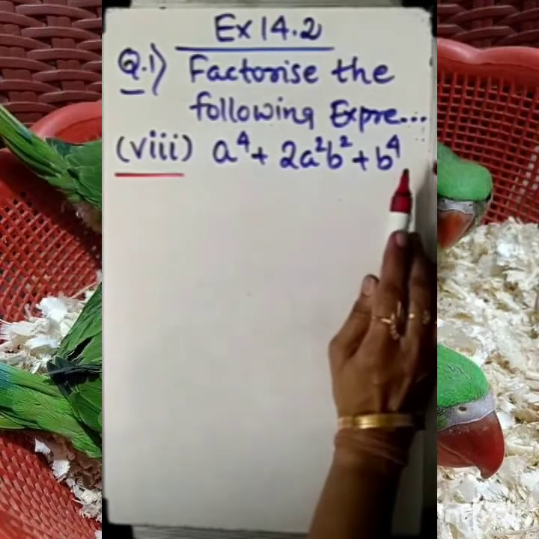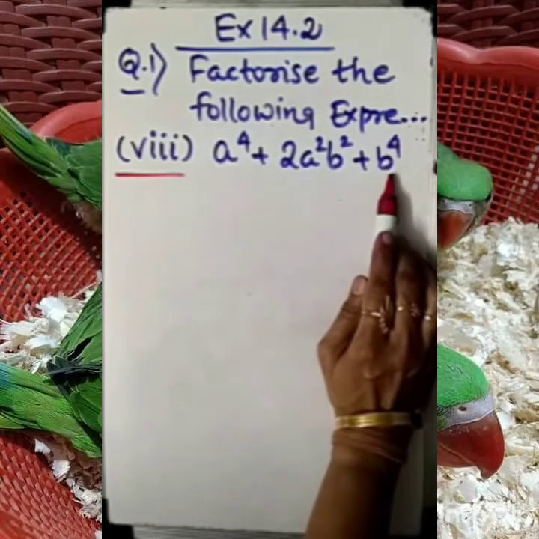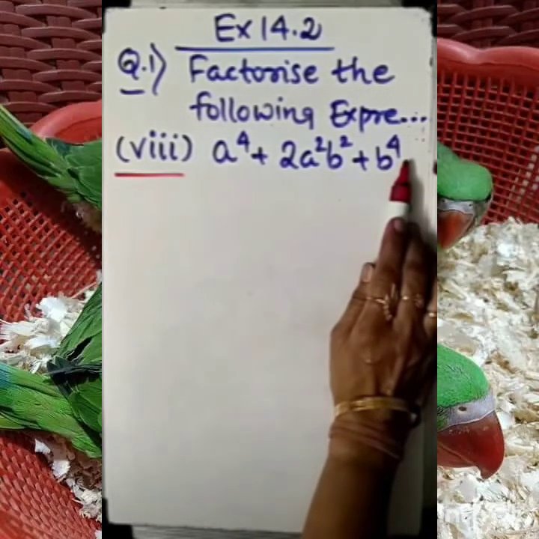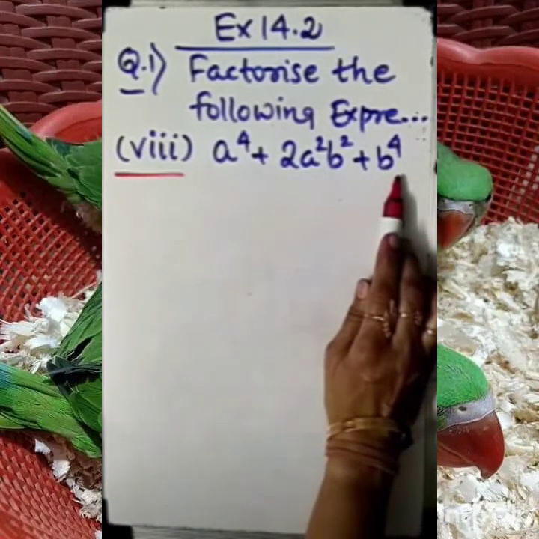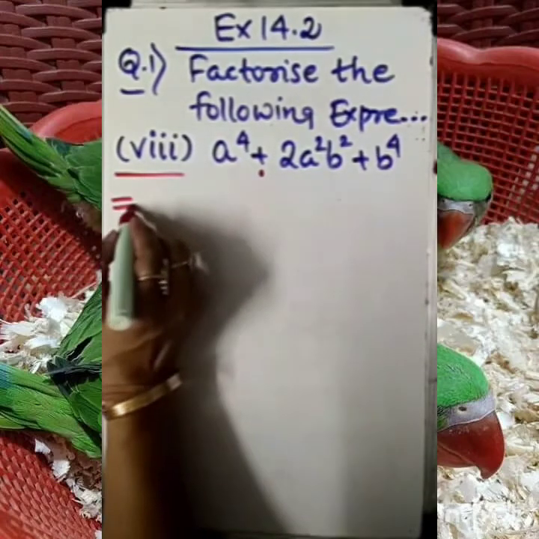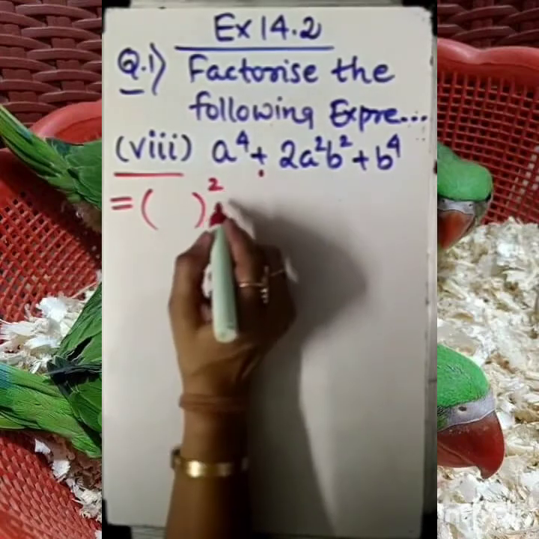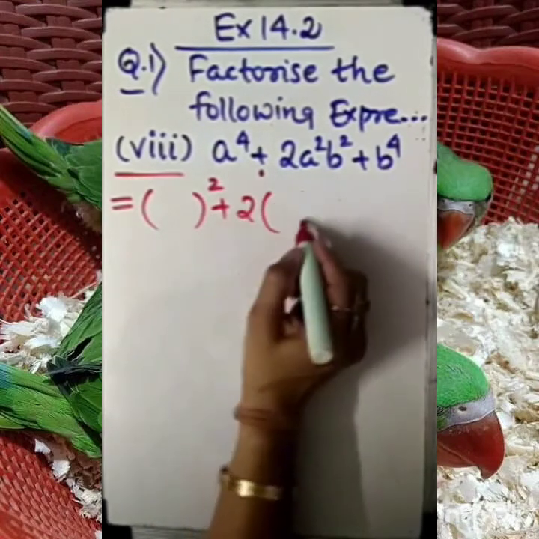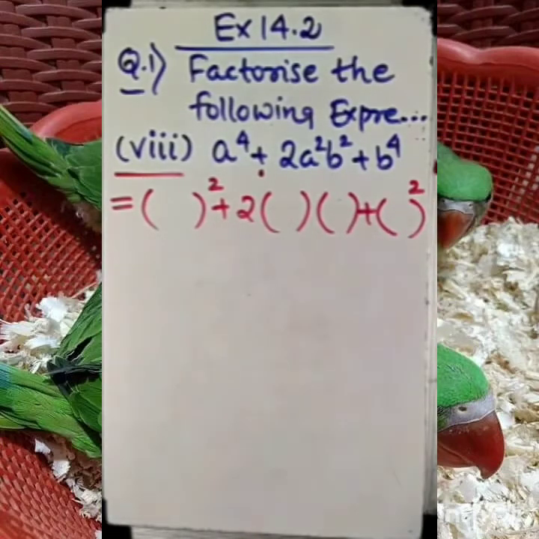Is it a perfect square? Yes, this is also a perfect square of b square. So the first term and last term are both perfect squares, and here there is a plus sign. So we need to apply the first identity. The first identity says a square plus 2ab plus b square.